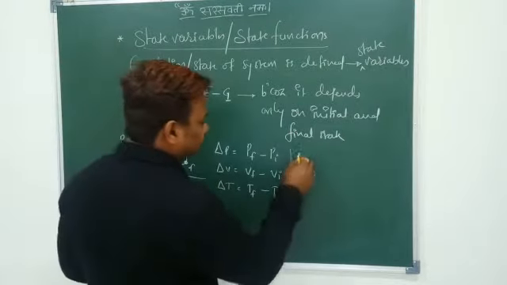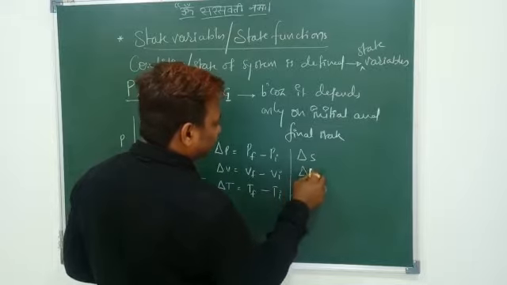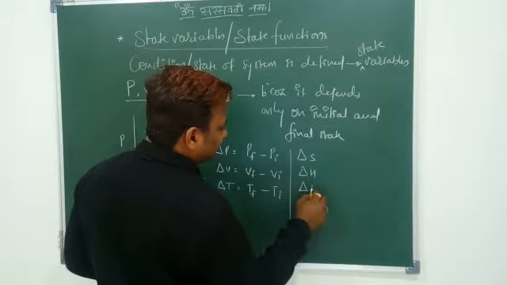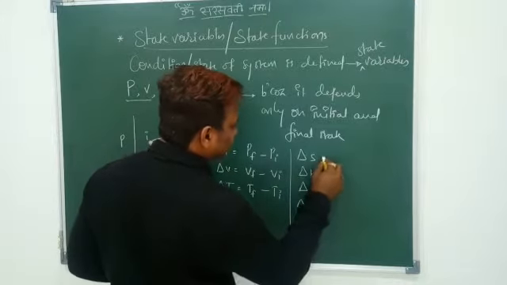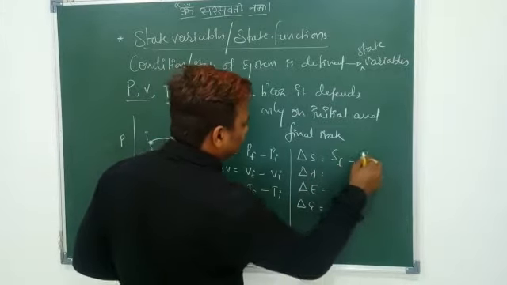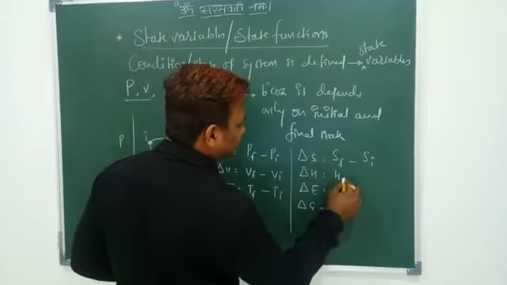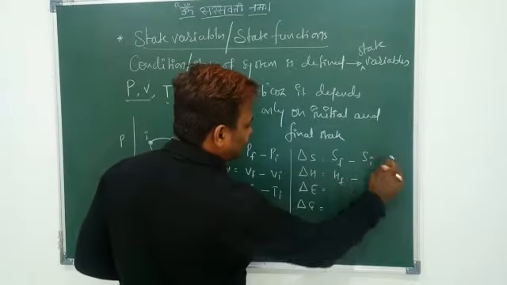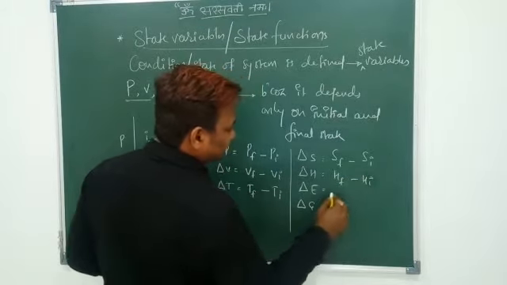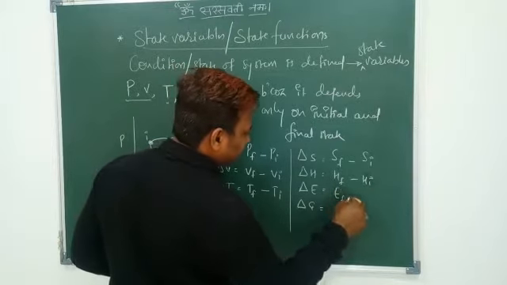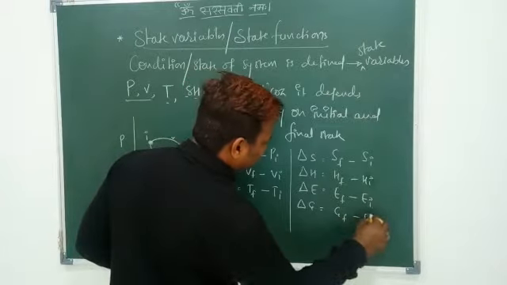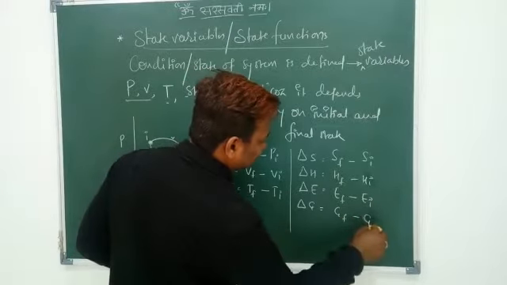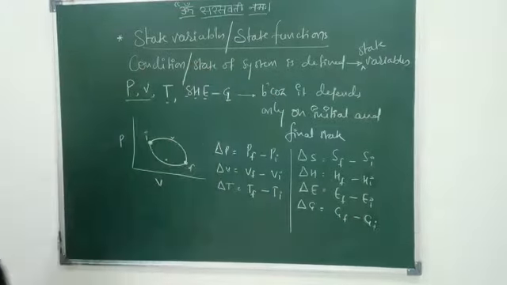In the same way, the change of volume is final minus initial, and the change of temperature is final minus initial. Likewise, the change of entropy, change of enthalpy, change of internal energy, and change of Gibbs free energy: in all cases it is final minus initial. So these are the variables which depend on final minus initial, and they are called state variables or state functions.